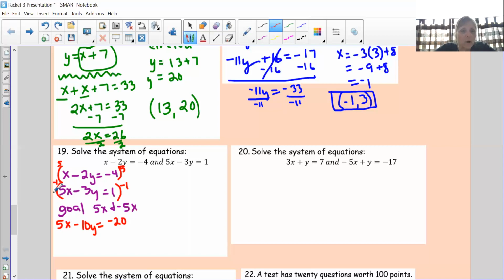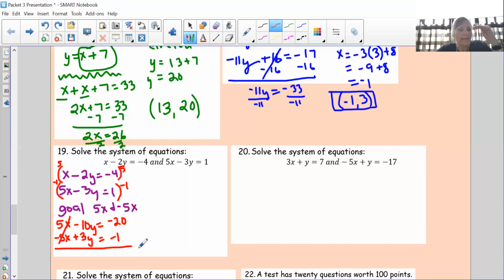Now my goal down here is to have negative 5x, and if I multiply by negative 1, that's what I'm going to get. So I have negative 5x, and then negative 1 times negative 3y is positive 3y, and negative 1 times 1 is negative 1. So do you see my 5x and my negative 5x are my goal, and I achieved my goal.